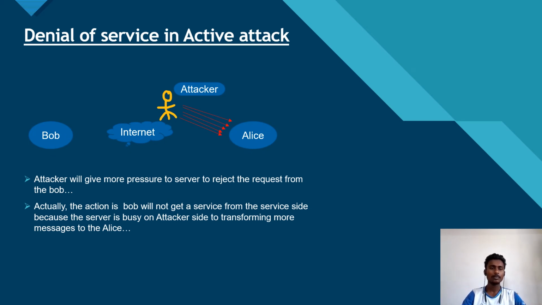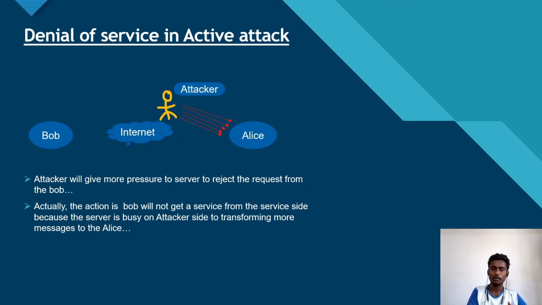The next slide is denial of service in active attack. The scenario is that the attacker will put more pressure on the server to reject the request from Bob's side. Bob will not get a service from the server side. Sorry guys, I made a mistake here; this is about the server side. Bob will not get a service from the server because the server is busy with the attacker, who is transmitting more messages to Alice.